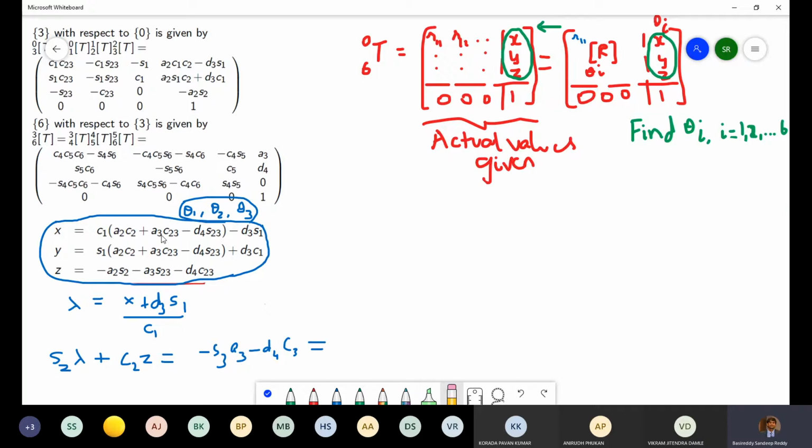Whatever the three values A2, A3 and D4 are, they are preserved over here. The only difference is that C2 here is replaced in the Z term by S2, C23 by S23, and S23 by C23. So for example, if we did something like this, what would we get?